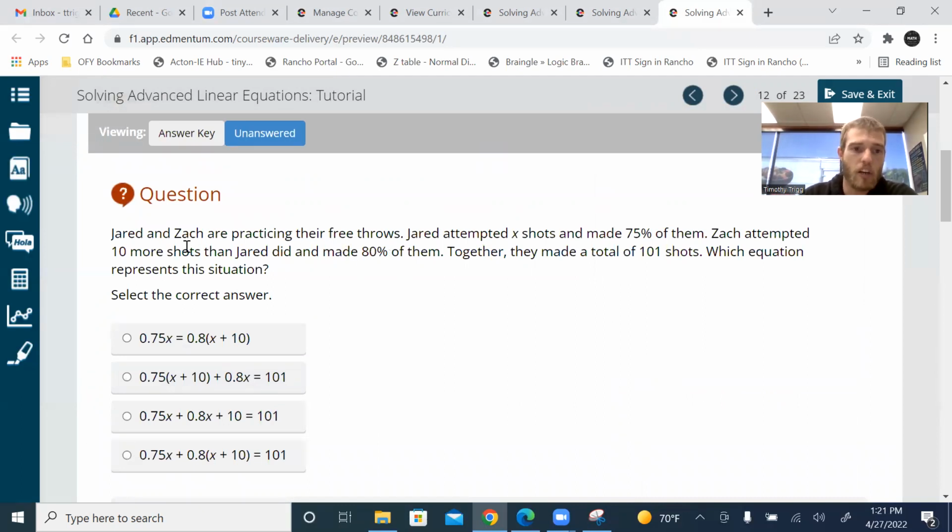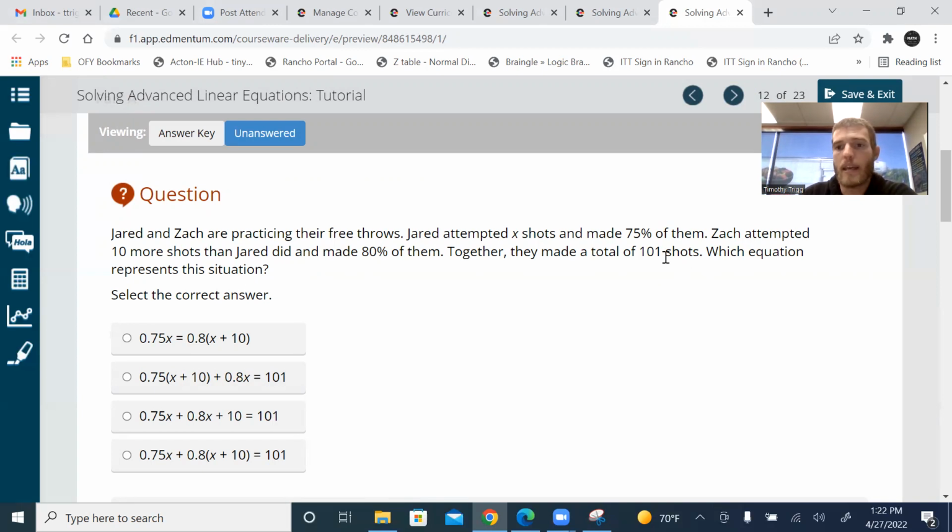It says, Jared and Zach are practicing their free throws. Jared attempted x shots and made 75% of them. Zach attempted 10 more shots than Jared did, and he made 80% of them. Together, they made a total of 101 shots. Which equation represents this situation?